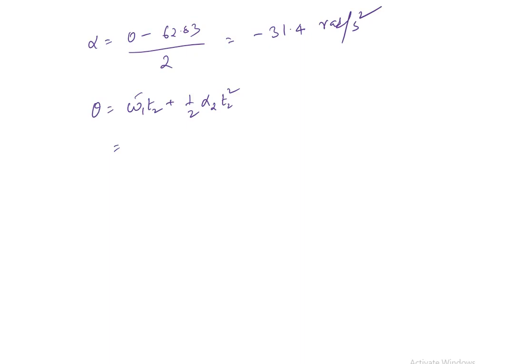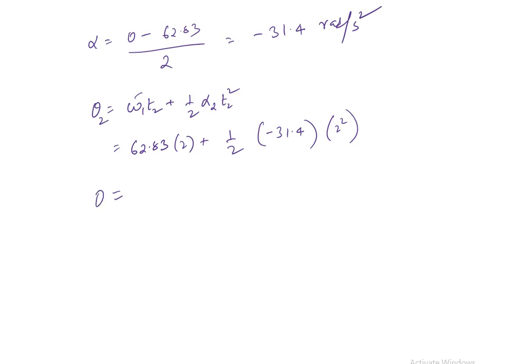So this is 62.83, the initial velocity for the second stage, times 2, plus half alpha, which is negative here, 31.4, times t2 squared, so 2 squared. What does that come down to?